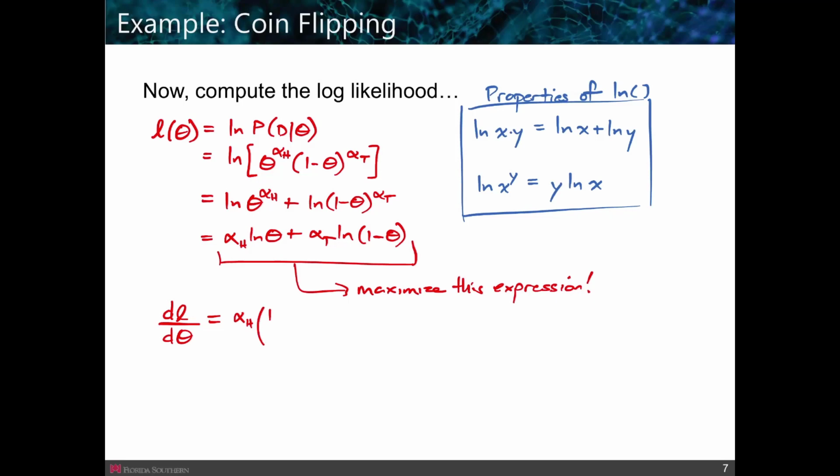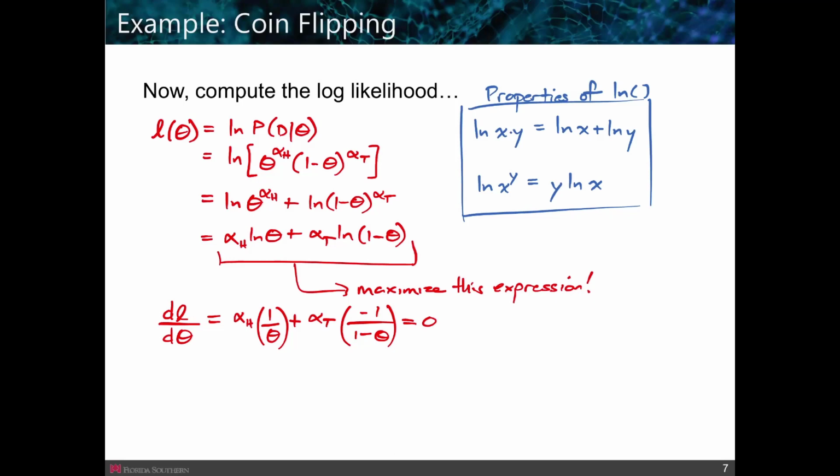But the derivative of the log of theta is 1 over theta. And then similarly for alpha t, the derivative of the log of 1 minus theta is actually negative 1 over 1 minus theta. Okay, and then we need to set this all equal to 0.